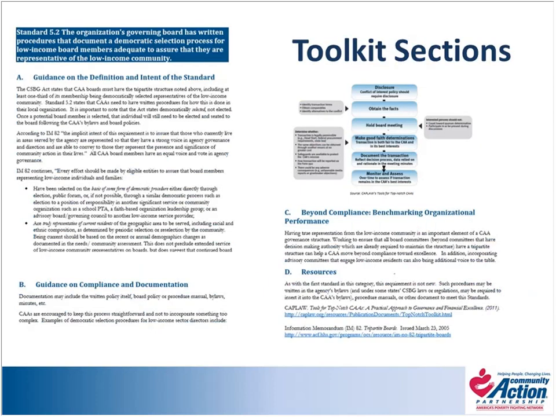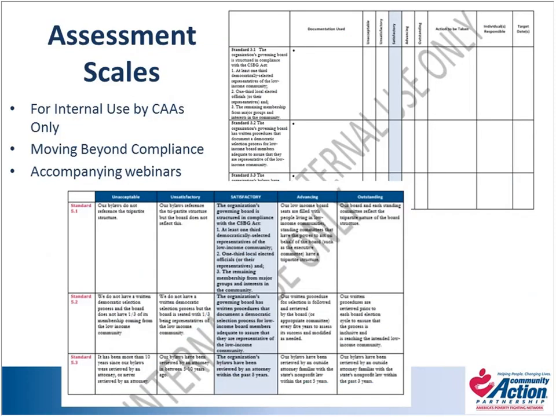And so this is just kind of a picture of the different toolkit sections, and that's on each of the 9 standards. And then this is a picture here of the assessment scales. So these are for internal use by the agencies, and they help you move from meeting that minimum requirement to going beyond compliance. And then as well, there are those accompanying webinars that are used to kind of supplement these toolkits and assessment scales.